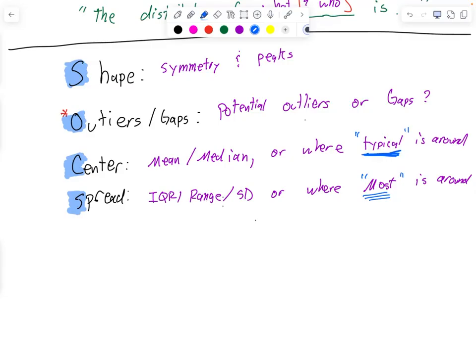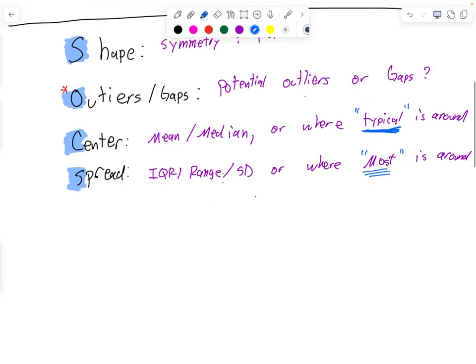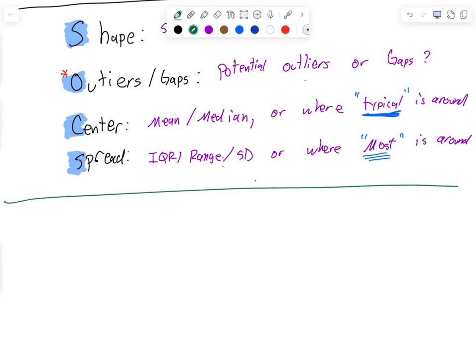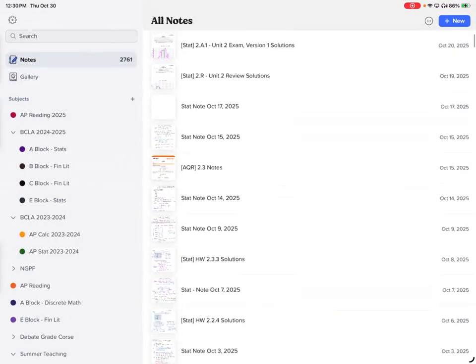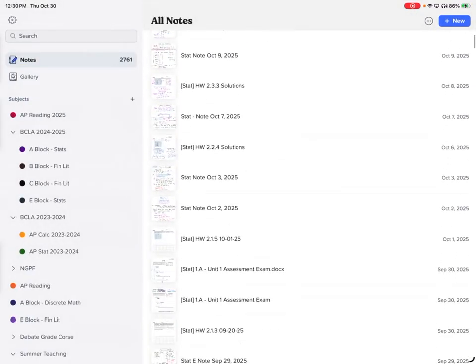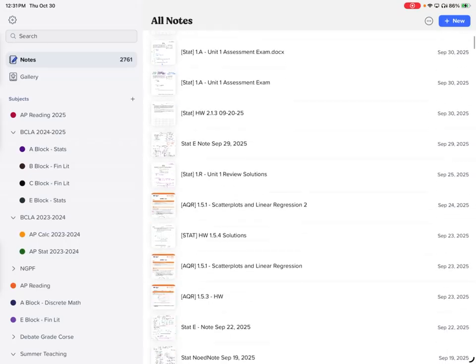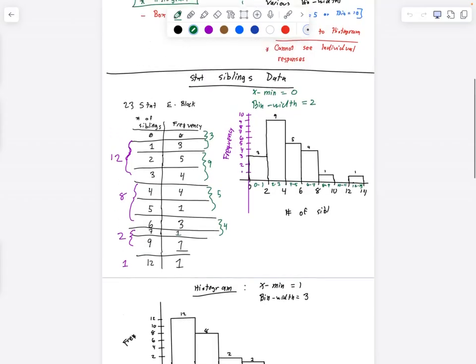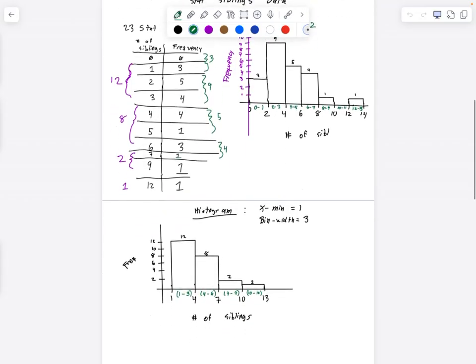Let's look back to your notes. Here we go. When do we do histograms? So let's take this one right here. I'm gonna erase what you don't need to write.